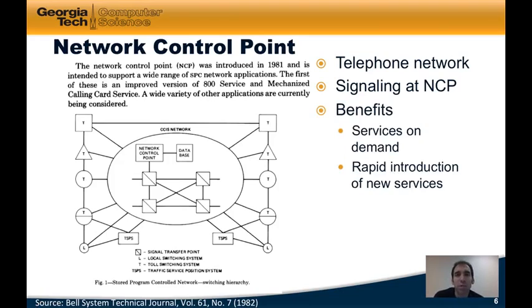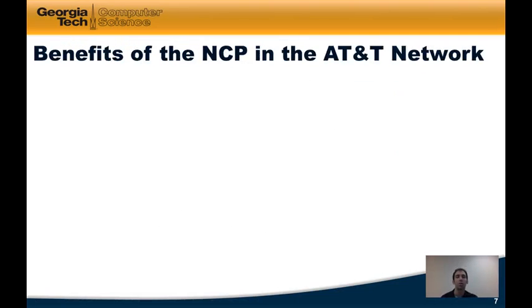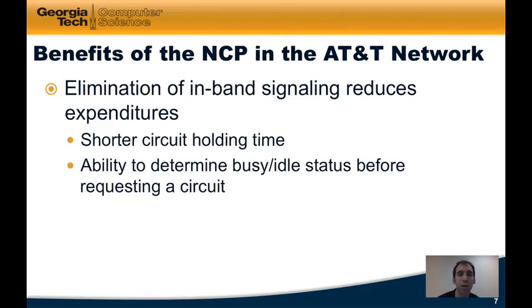The benefits of this particular technology were the ability to deploy specific services on demand, and also, more importantly, rapidly introduce new services, whereas in the past it might have taken quite a bit longer to deploy a new service. In particular, the technical reports that describe the NCP talk about a number of different advantages. One is that elimination of in-band signaling reduced expenditures.